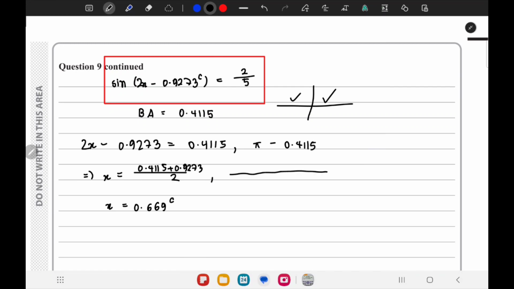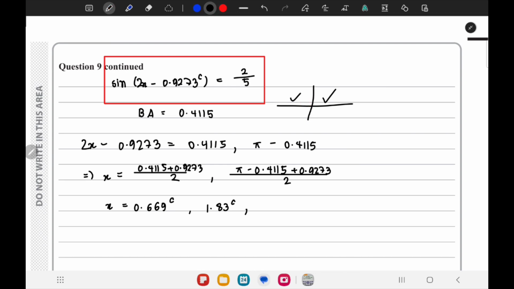So pi minus 0.4115 plus 0.9273 divided by 2. We get 1.83. This is also less than pi, so we'll have to make a 2 pi rotation again.